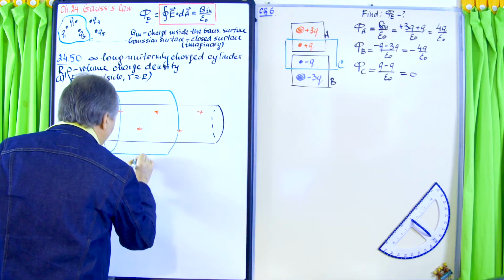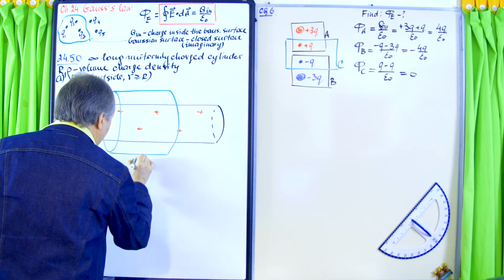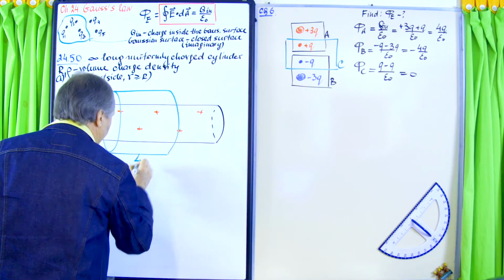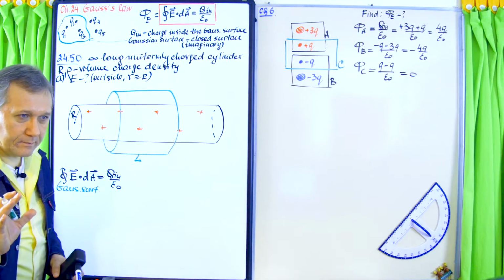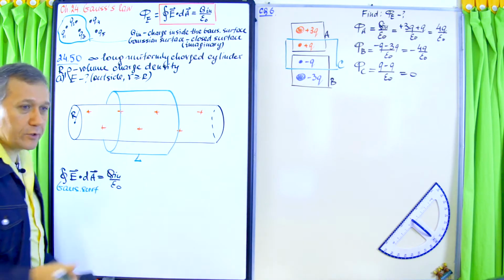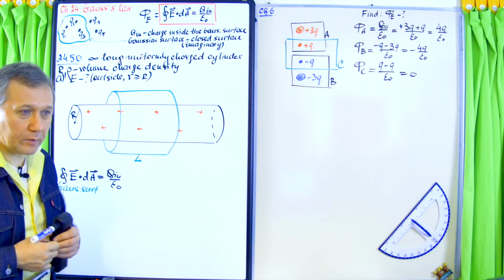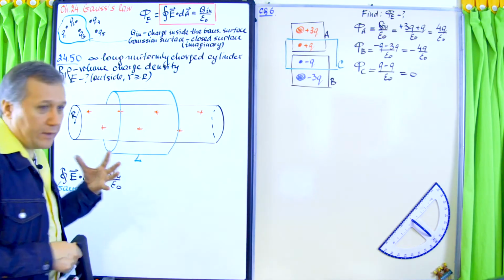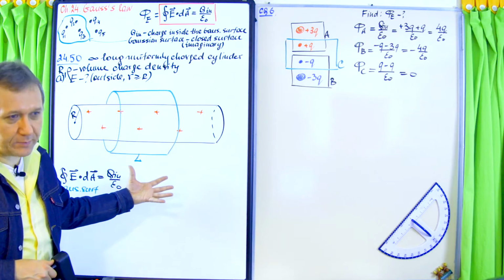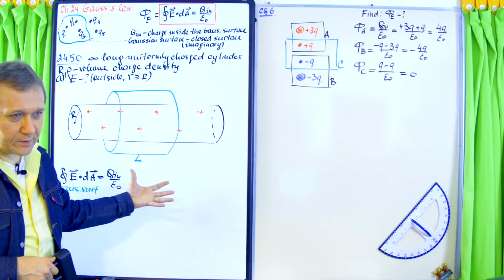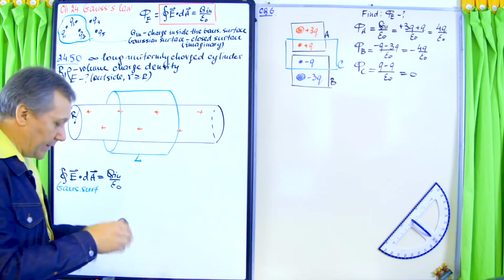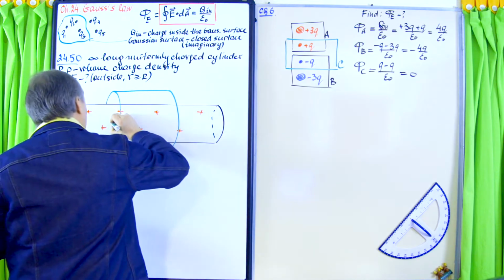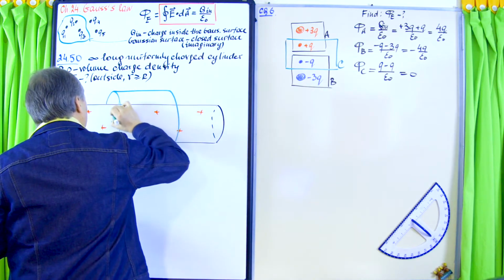Of finite length L. L is not given. I just need to introduce some kind of constant in the problem, and of course, I hope that at the end it will disappear. Okay, over finite length L, and of course, some radius small r.